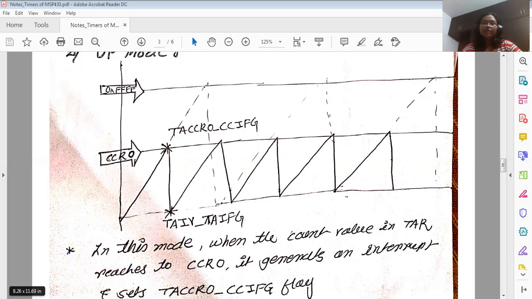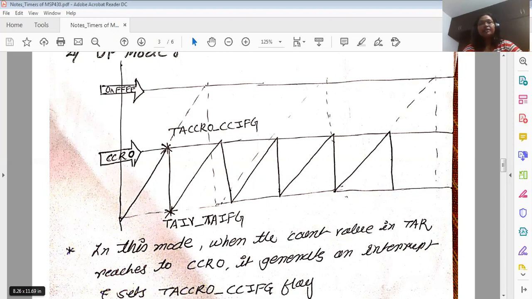And the next mode is the continuous mode. In continuous mode, as you can see in the diagram, the contents of the TAR register are incremented with the arrival of every clock pulse, and it is continuously compared with the contents of capture compare register 0, CCR0. When it becomes equal to the CCR0, an interrupt is generated as in all types, but here it is neither decremented nor cleared.